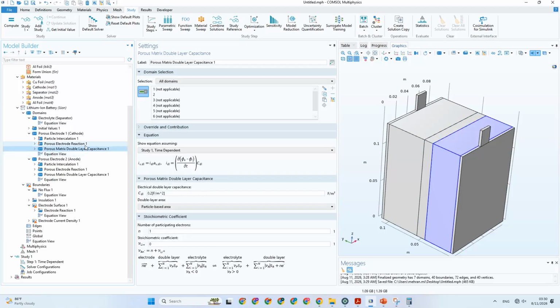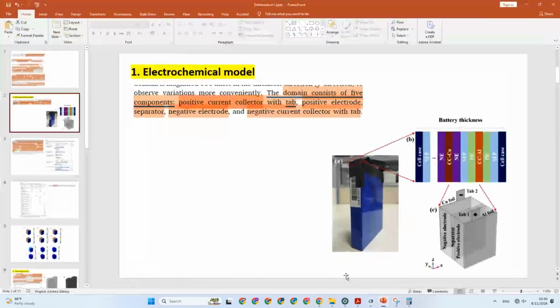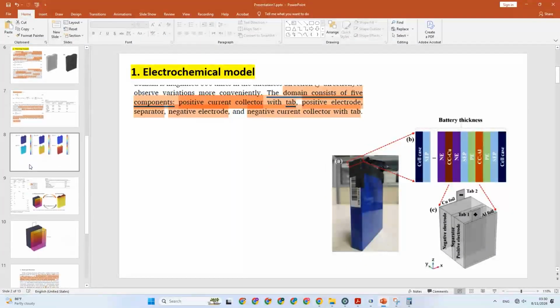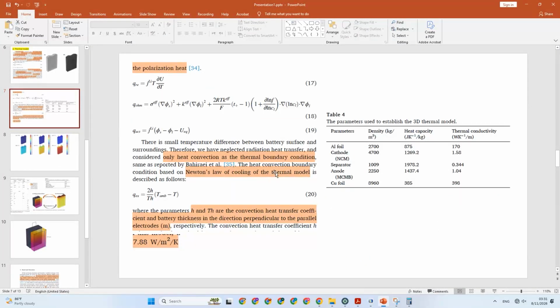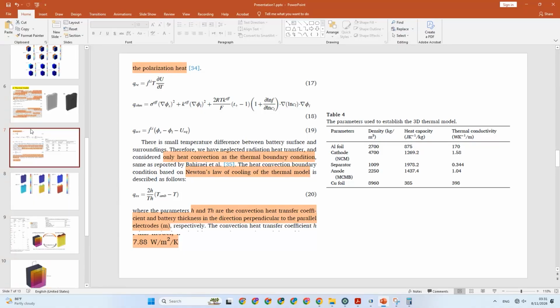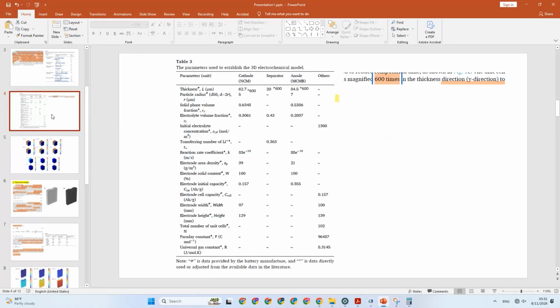Maybe porous matrix, they don't talk about electric double layer capacitance. I didn't see the data. But I see Faraday constant.